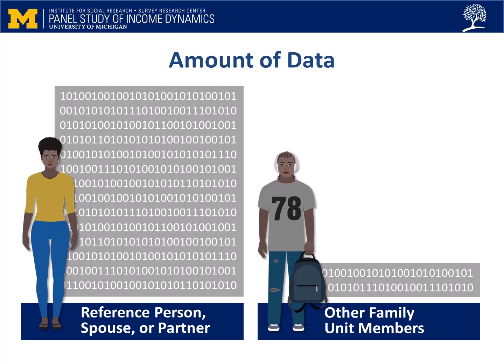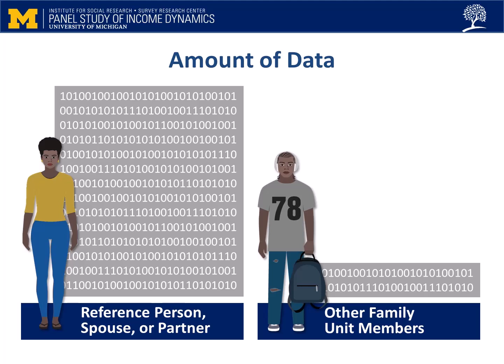OFMs, on the other hand, almost always contribute much less to the family economic situation, so we collect much less information about them. We ask about any jobs for the previous year and about a few categories of income, but we don't gather nearly the amount of data that we do about reference person, spouses, or partners.